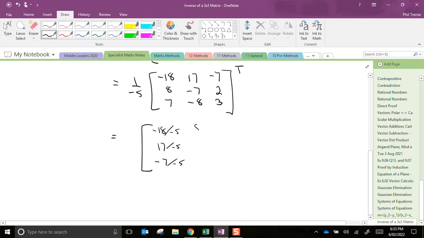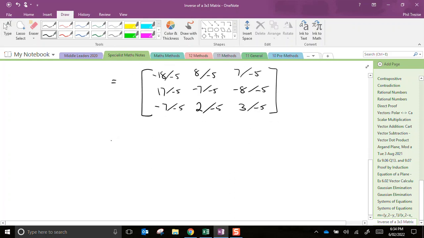The second row, 8, negative 7, 2, and then all of that divided by negative 5. And then the third row, 7, negative 8, 3, and all divided by negative 5. So that's both the transpose and the scalar multiple.